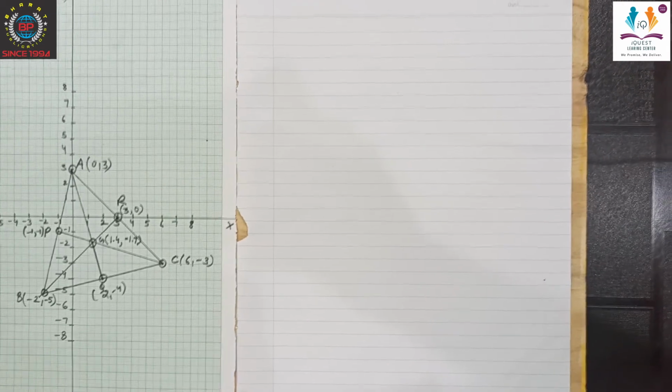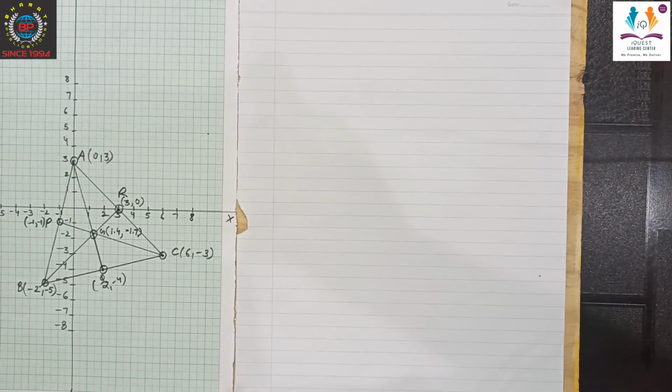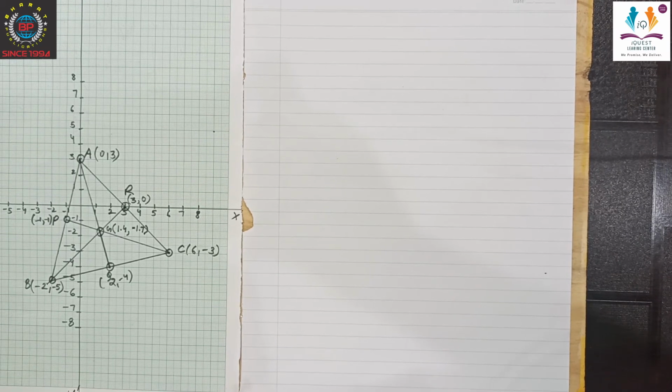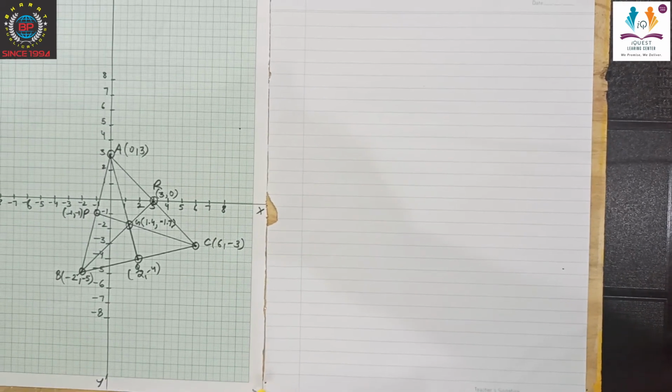Now we will find the coordinates of G, that is our centroid of the triangle, using the formula for the centroid of a triangle.